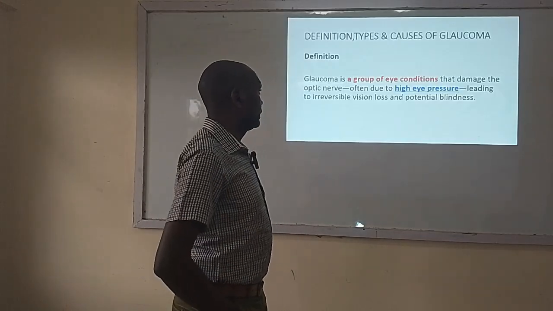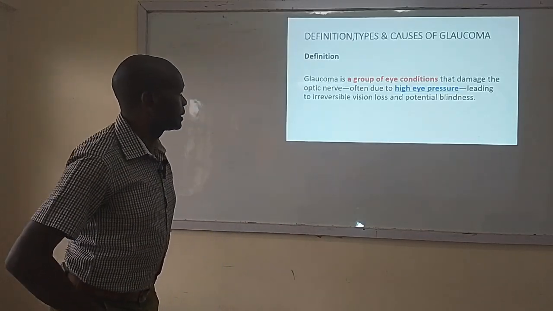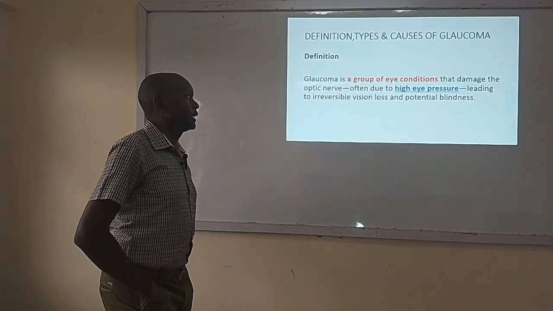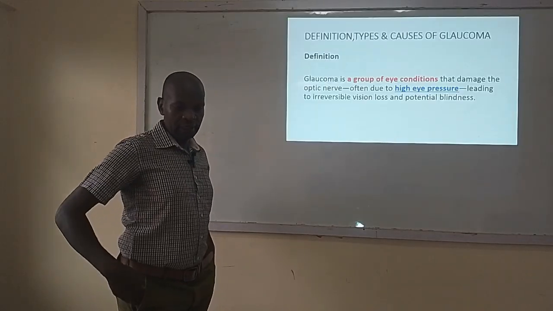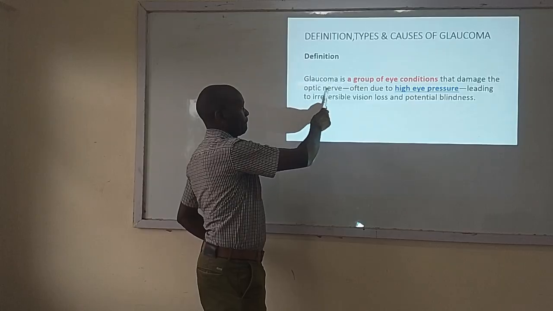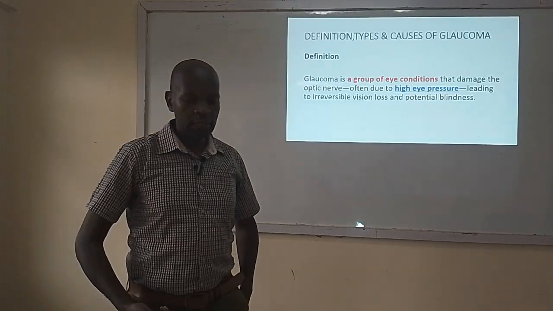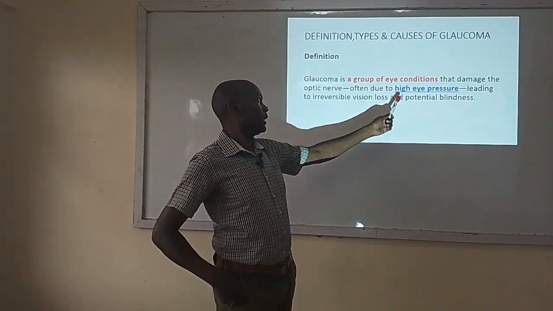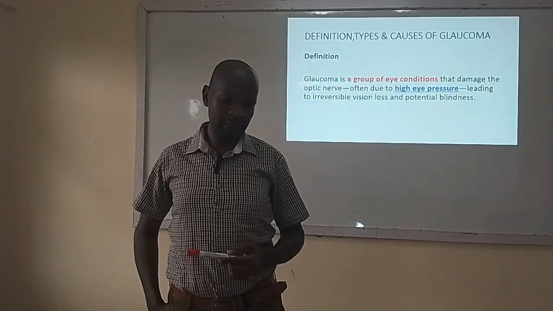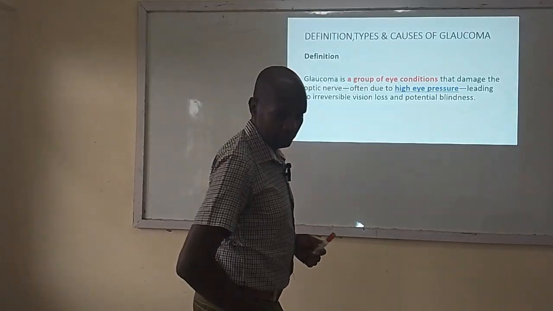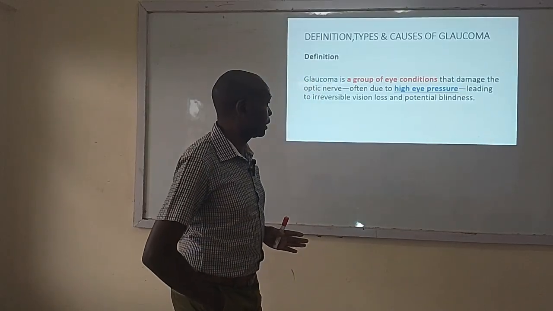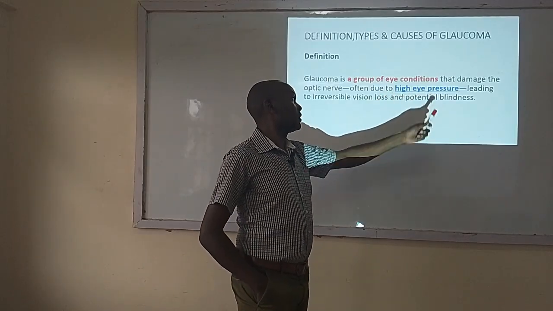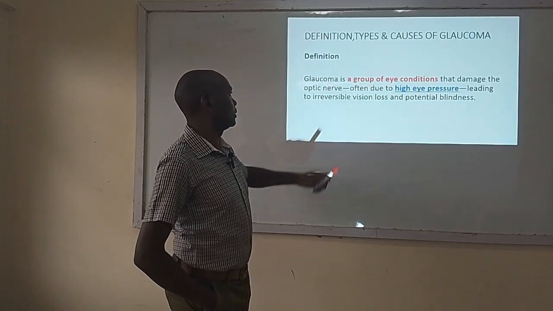So what is glaucoma? Glaucoma is basically a group of eye conditions, and these eye conditions actually damage the optic nerve. So the key word here is damage to the optic nerve, and it is usually due to high eye pressure, what we just demonstrated. So we shall be finding out how this eye pressure comes about and what makes it high so as to give you this condition we are referring to as glaucoma.